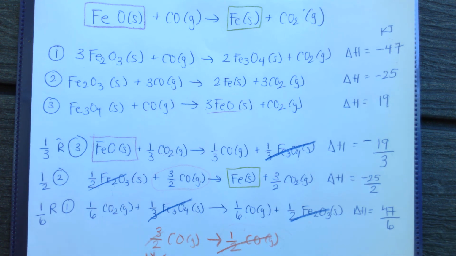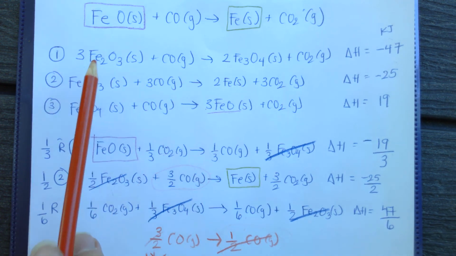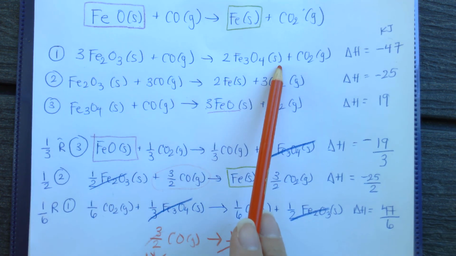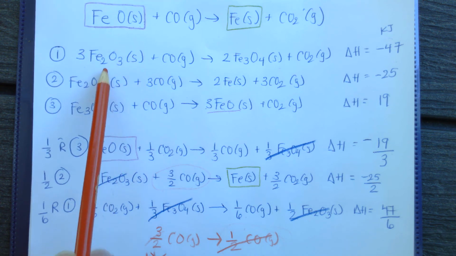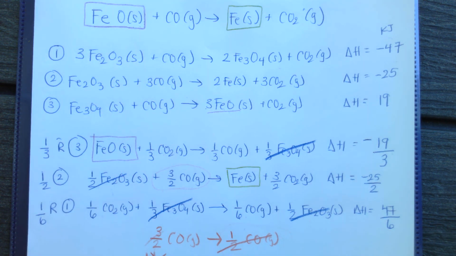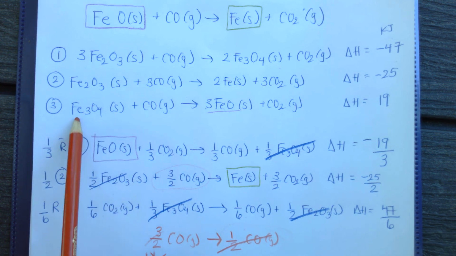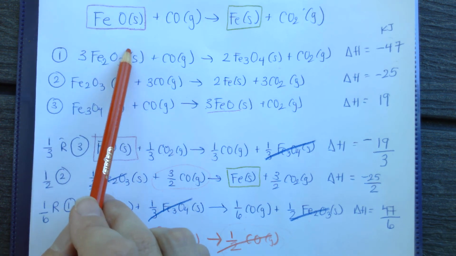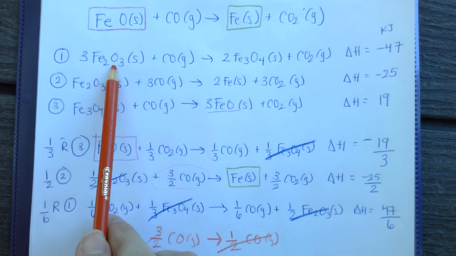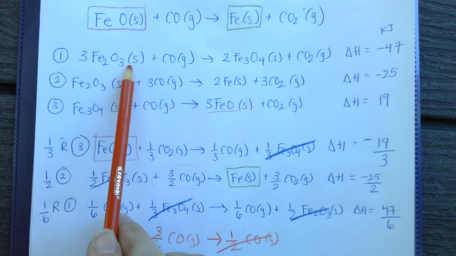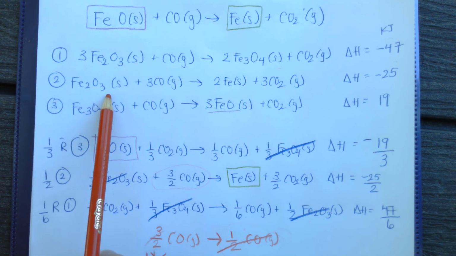But also sometimes we have equations that are introduced in a Hess's law cycle that one of their main purposes is to eliminate something that doesn't have to be there or isn't there. So like, for example, equation 1's main purpose, or one of its main purposes, was to eliminate the Fe2O3 that we introduced in equation 2.